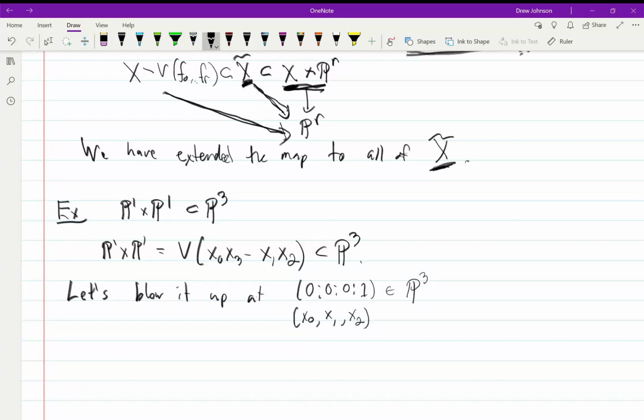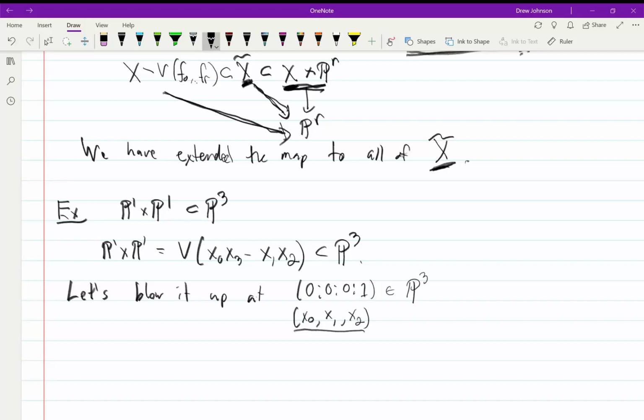And let me remind you that our original definition of blow up required us to pick regular functions here. These aren't regular functions, right? These are degree 1 homogeneous polynomials. But I think we had a remark that said that on a projective space it's okay to pick homogeneous polynomials of the same degree, and then you do the same construction and it works out just fine.